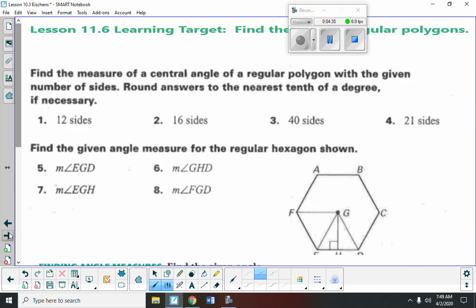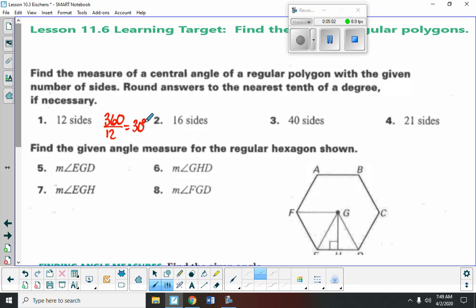All right, so find the measure of the central angle of a regular polygon with a given number of sides. Round answers to the nearest tenth of a degree if necessary. If the polygon has 12 sides, we would take 360 divided by 12, so each central angle would be 30 degrees.